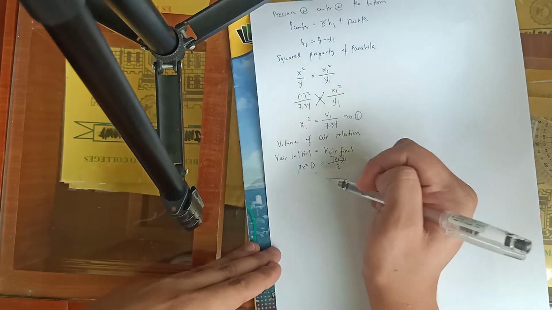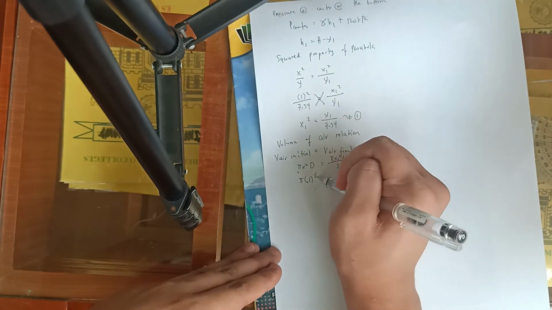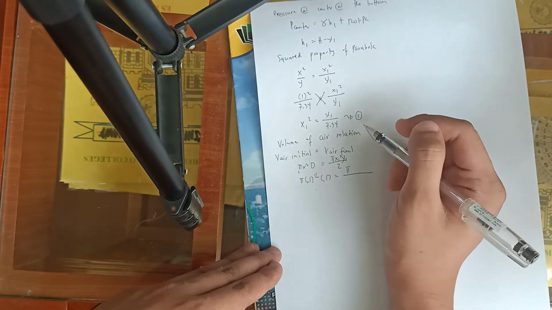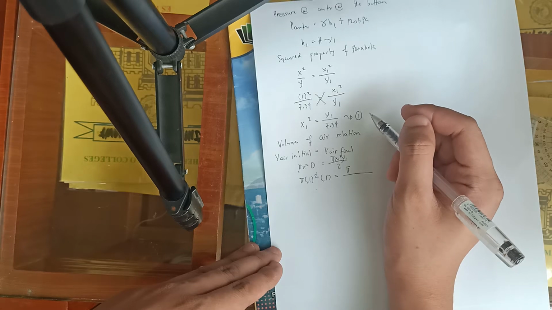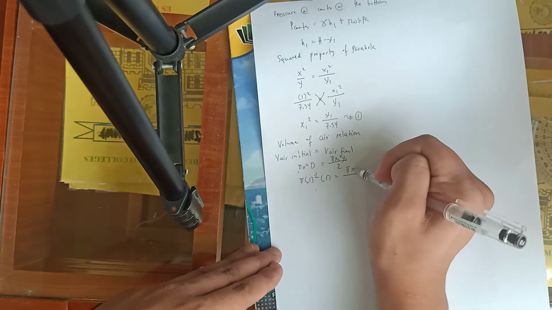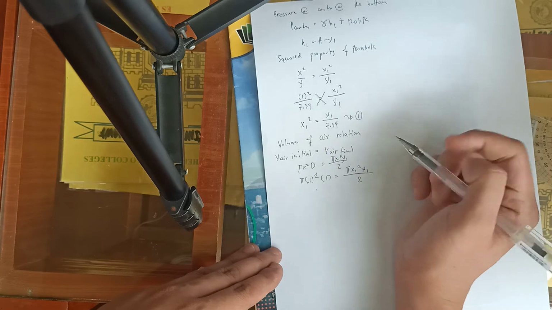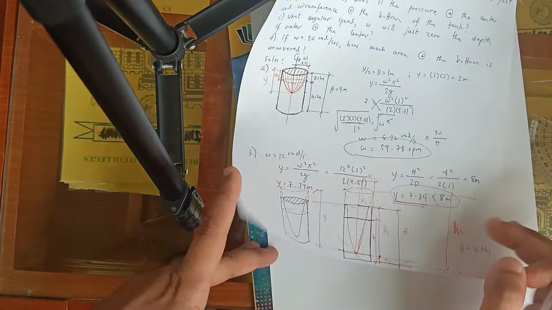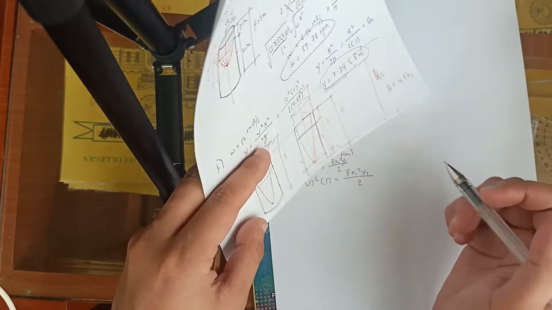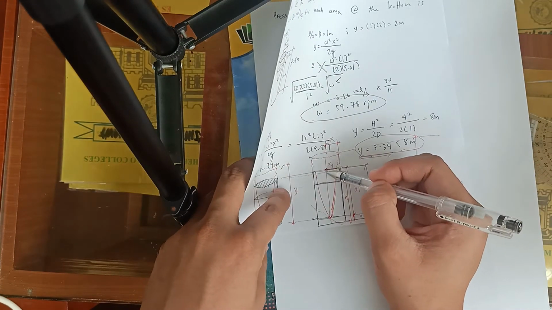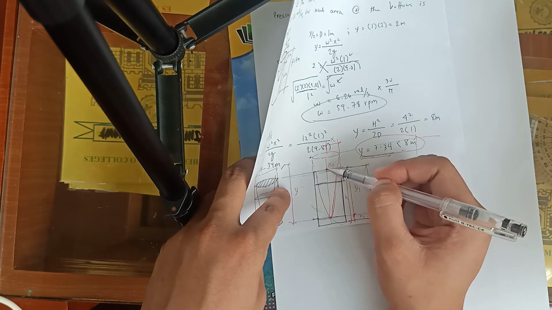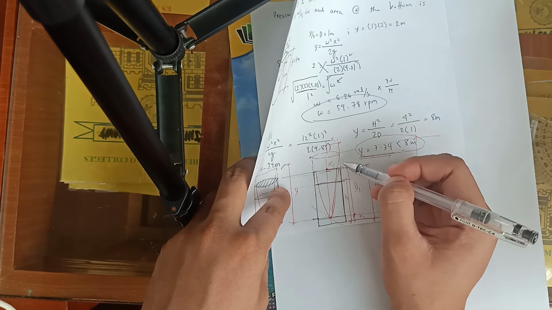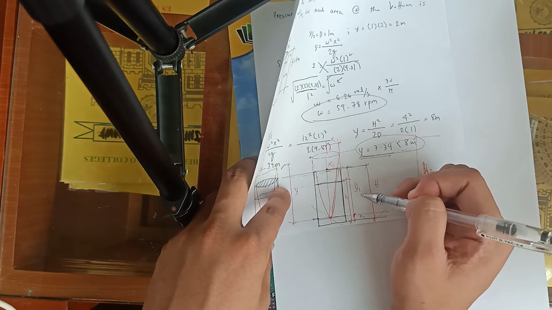So input the values: pi times 1 squared times 1 equals pi x sub 1 squared y sub 1 over 2. Again, so as not to be confused, our parabola is pi x sub 1 squared times y sub 1 over 2.